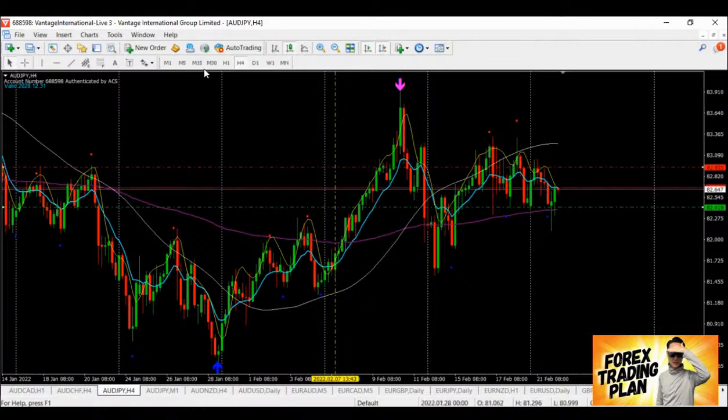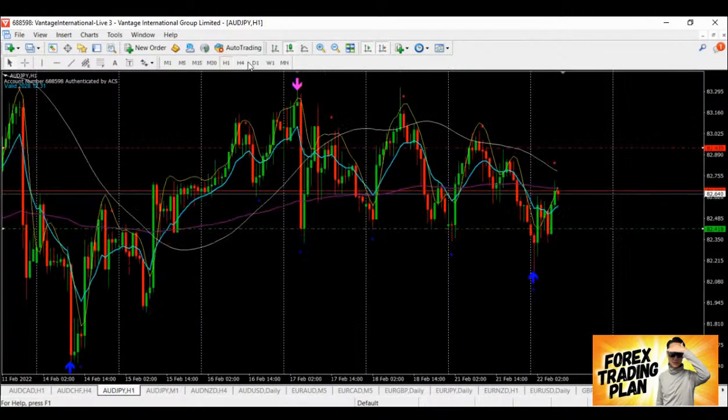Now let's check H1. H1 over here is moving towards one of the resistances, the same resistance here, correct? By looking at this resistance, are we going to break the resistance here? The situation is it moves this way and came down.